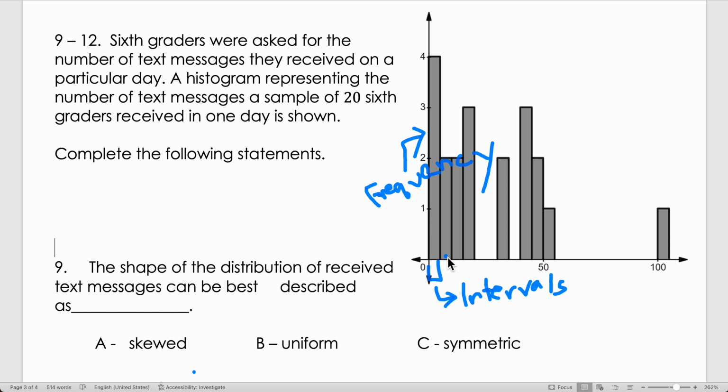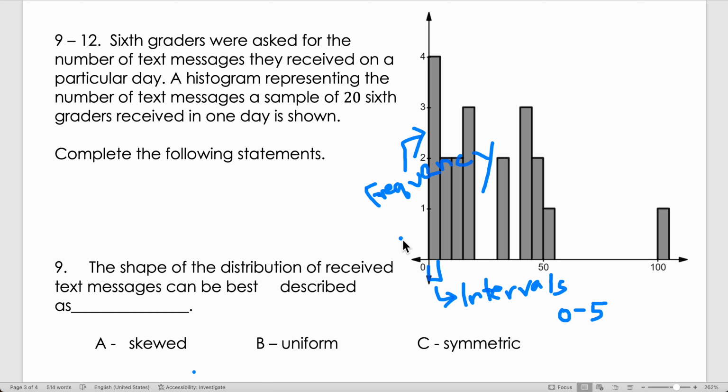So 0 through 5 would be 0, 1, 2, 3, 4, but 5 would be inside of 5 to 10. 5 to 10 would measure 5, 6, 7, 8, 9, but if you're at 10, you're then in 10 to 20. Once you hit the upper limit of what the interval says, you're actually into the next one, which I get is very confusing. That's just the way it is, and it's a nuance I wanted to share.